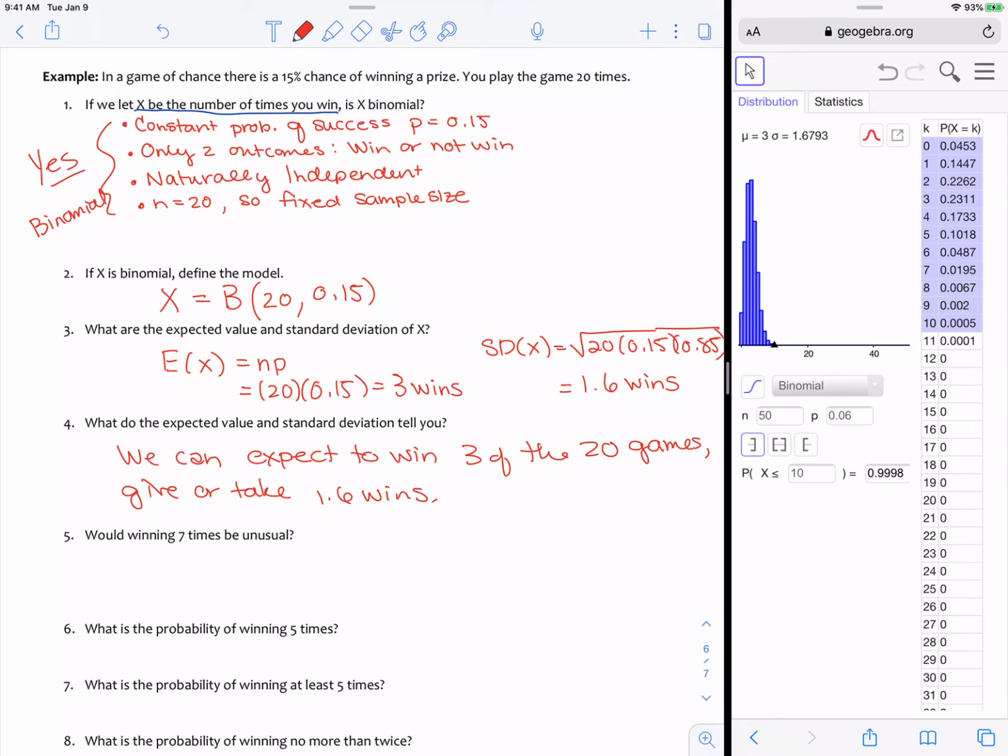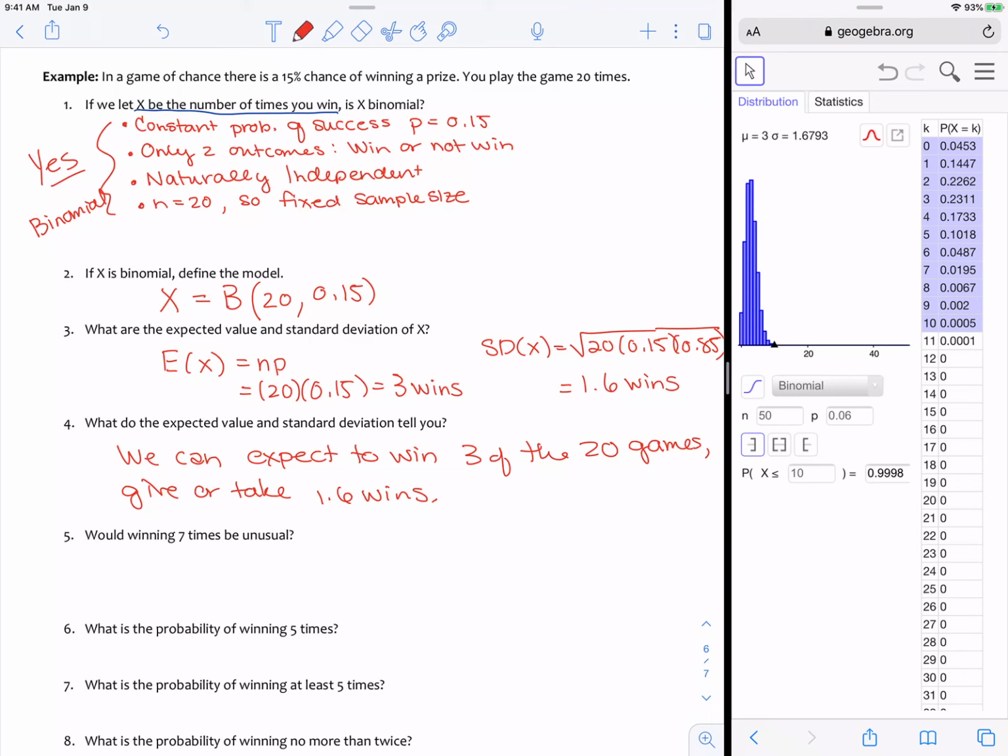And again, this is long run relative frequency. So if I were to go in and play this game over and over again, doing groups of 20 plays at a time, I would say, well, maybe out of one group of 20, I won 4 times, and another time I won 3 times, and another time I won 2 times. And so that's what I'm averaging over the long run.